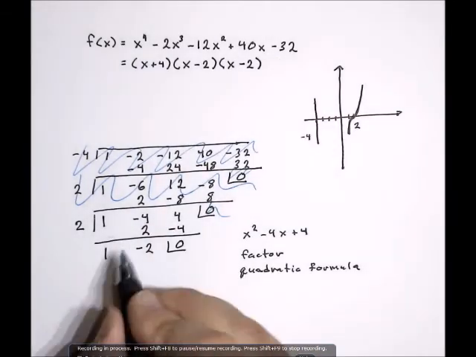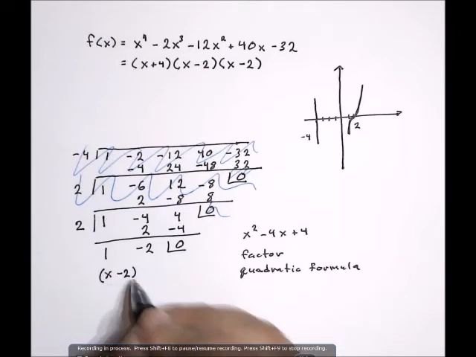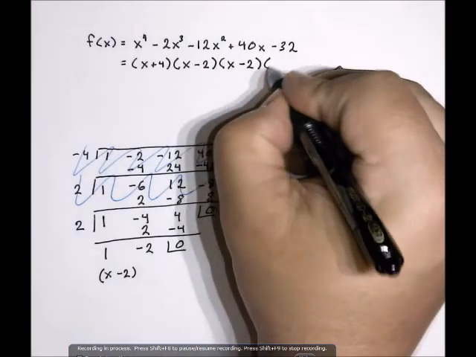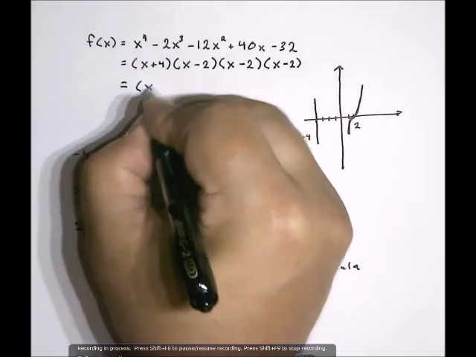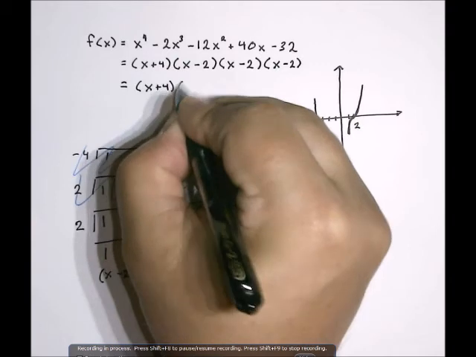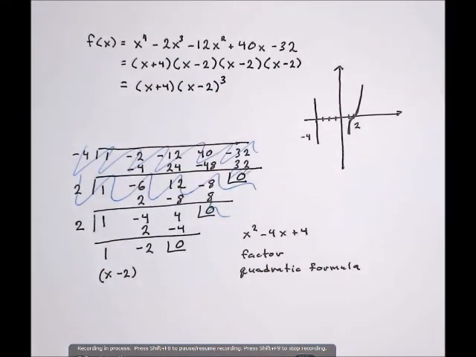And you can either do that again or realize this is just x minus 2, and that's our last linear factor. And let's just simplify that a bit. And we're done.